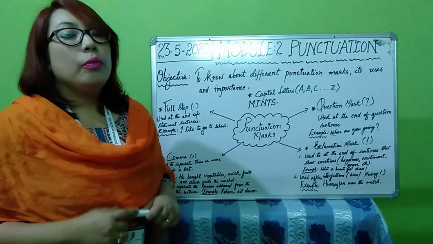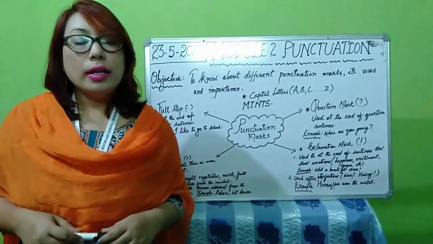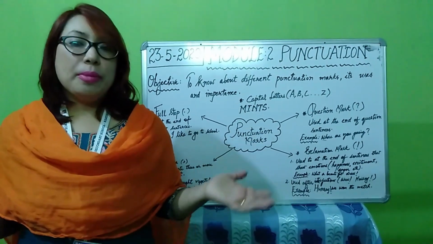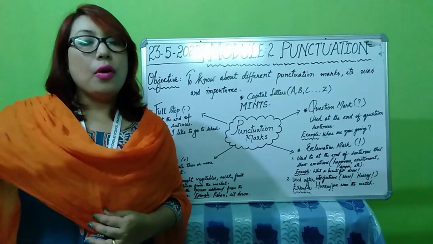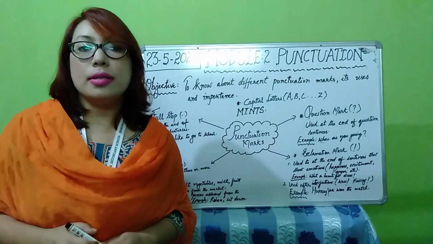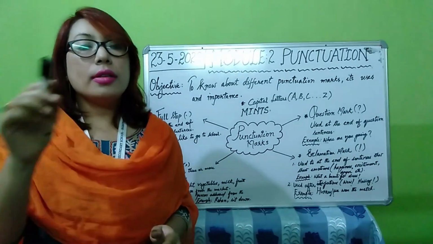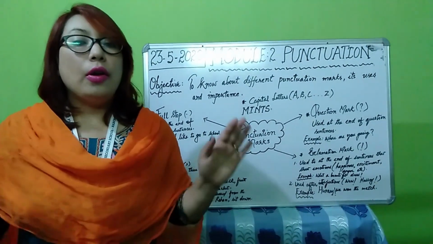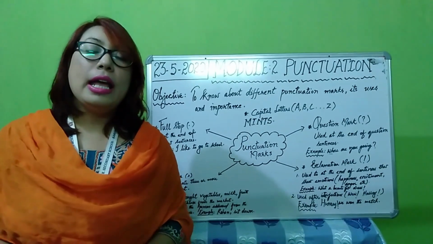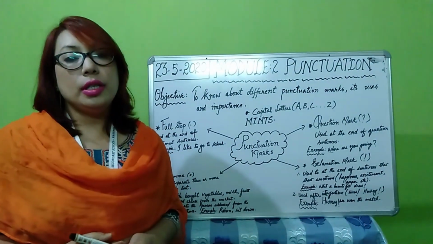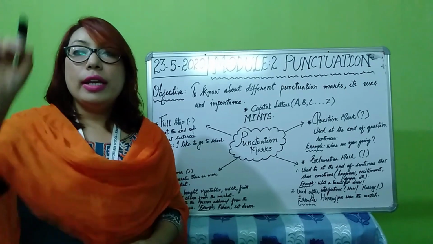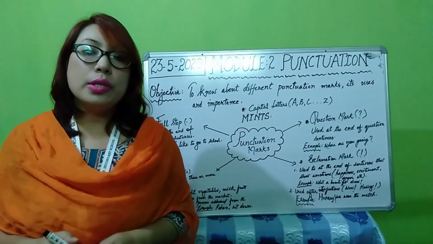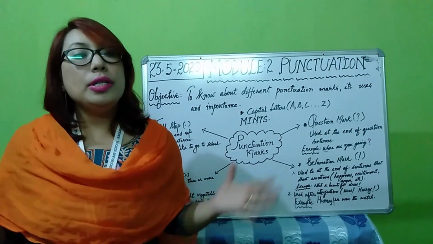And we come to the next punctuation mark, that is question mark, right? It's very simple. Question mark is used at the end of only question sentences. Only the sentences which ask us a question require a question mark at the end and not a full stop, right? And the last one which we have seen today is the use of an exclamation mark. An exclamation mark is used at the end of exclamatory sentences.